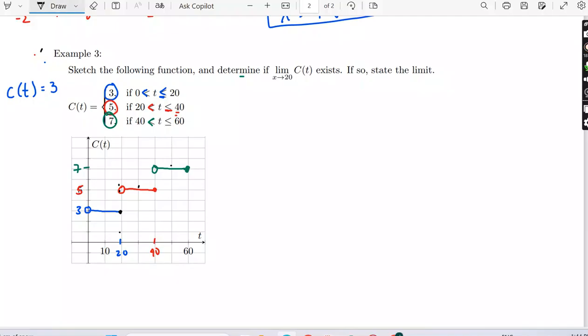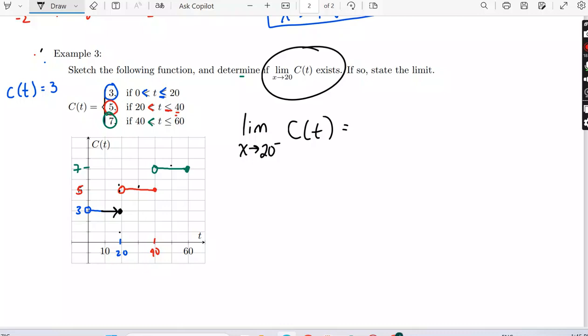Okay, now we want to know if this limit exists. Well, let's find out. The limit as x approaches 20 from the left, so that's over here. What is that limit? It looks like it's approaching 3.